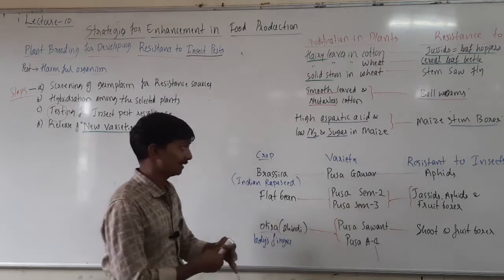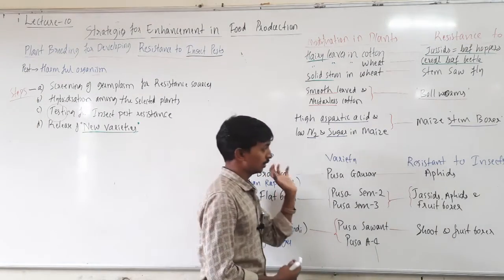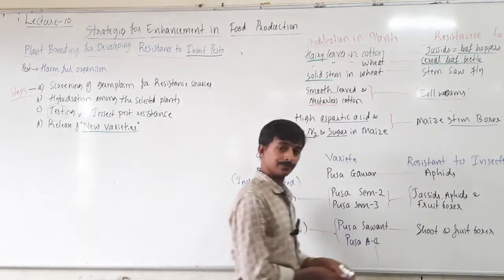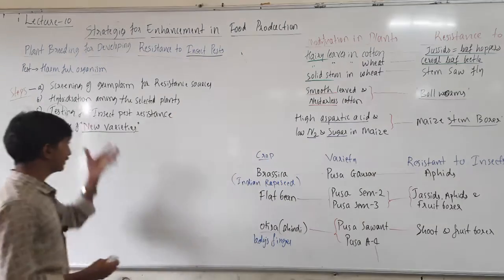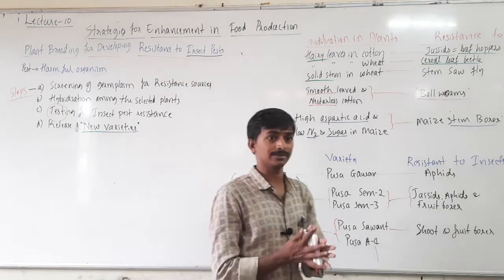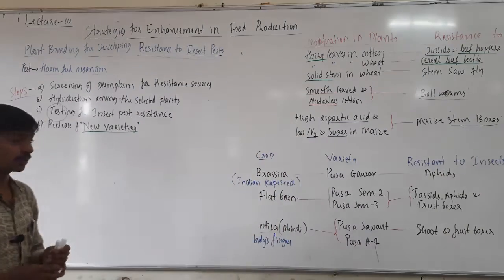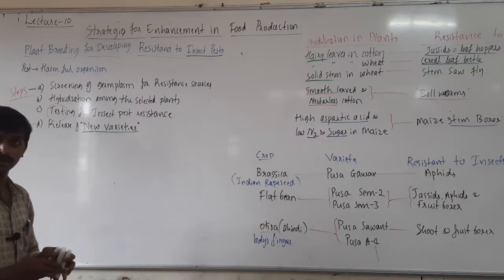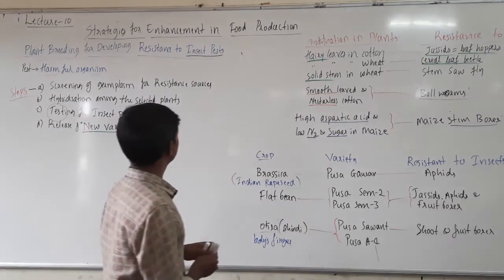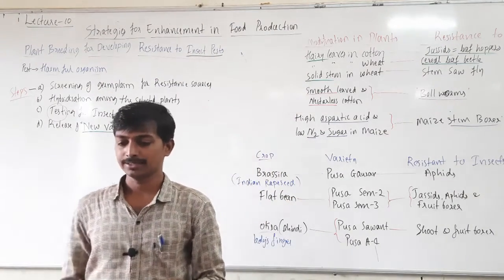So these varieties of these crops are resistant to these insect pests. By following these methods, the varieties of various crops are developed so that they become resistant to those insect pests. That's how we study the development of crops resistant to insect pests.